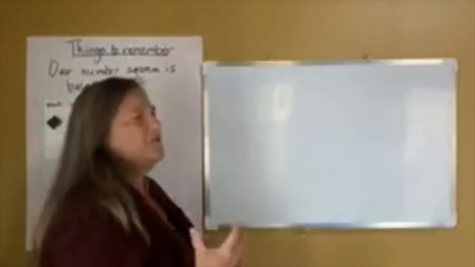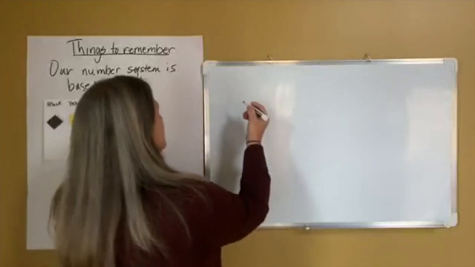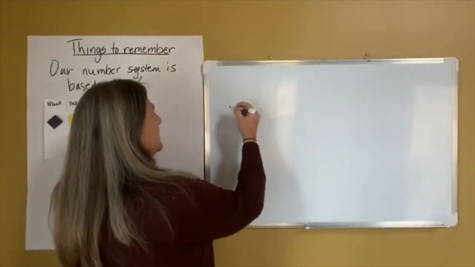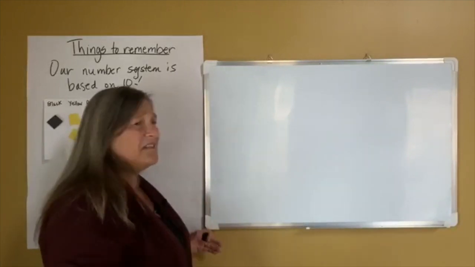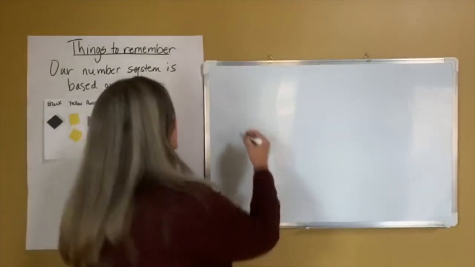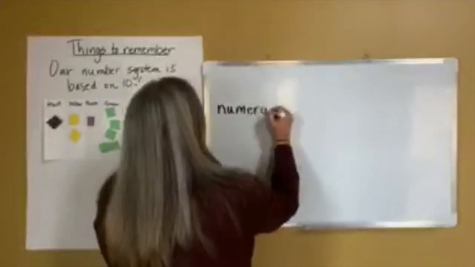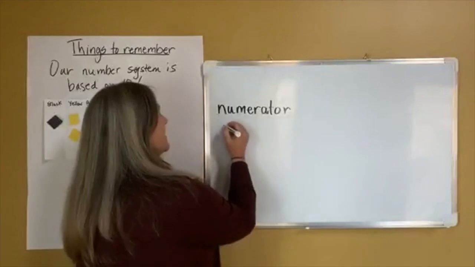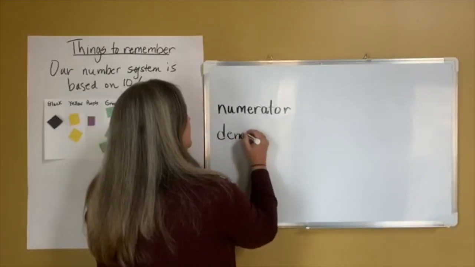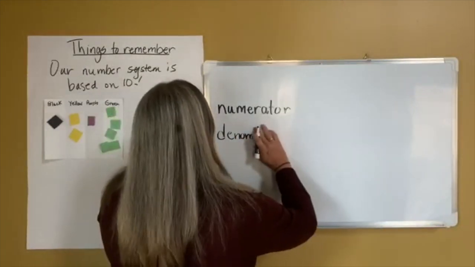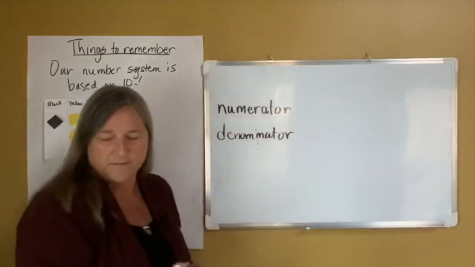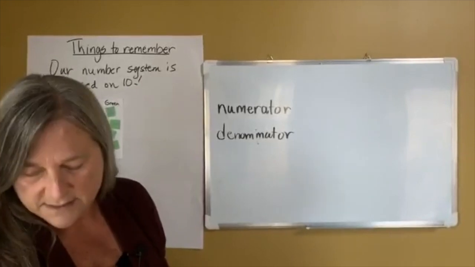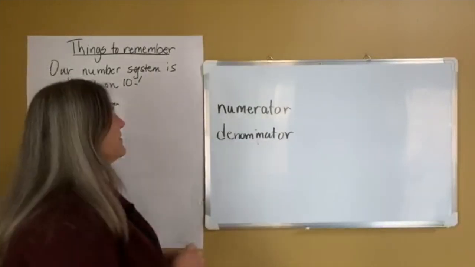One of the big questions that we get all the time is, what do numerator and denominator even mean? They're these big, long names. Why don't they just call them something simple? Well, it comes from something. So what do they mean?